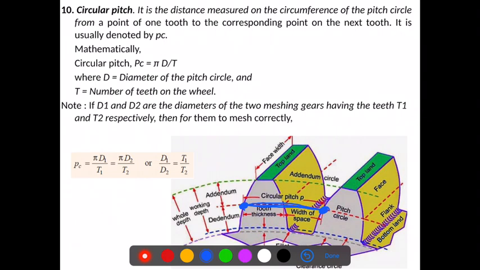This particular distance is called the circular pitch and it is generally denoted by PC.